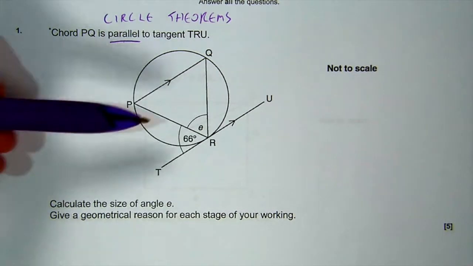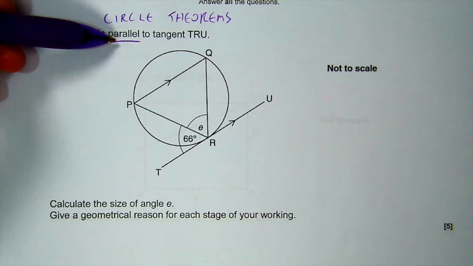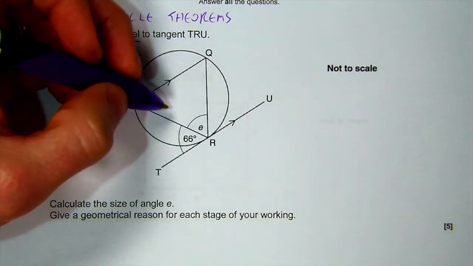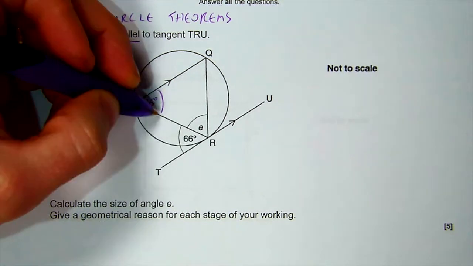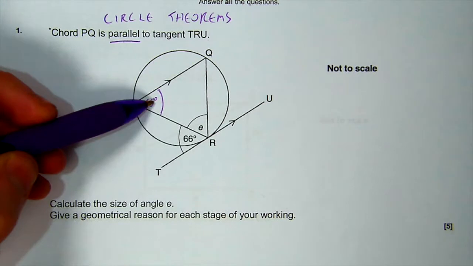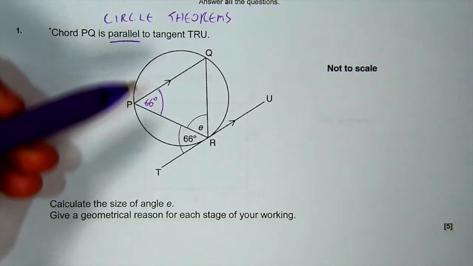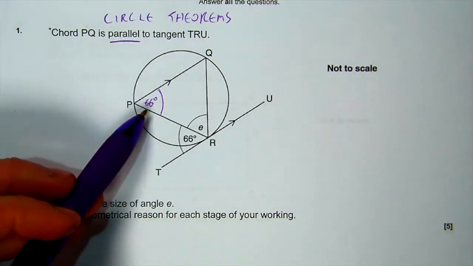First, how do we start this question? Well, given the fact that there are parallel lines, I know straight away that from this 66, this angle here is also going to be 66 degrees. And the reason for that is these are alternate angles within the parallel lines. I'm going to state that now with the geometrical reason.